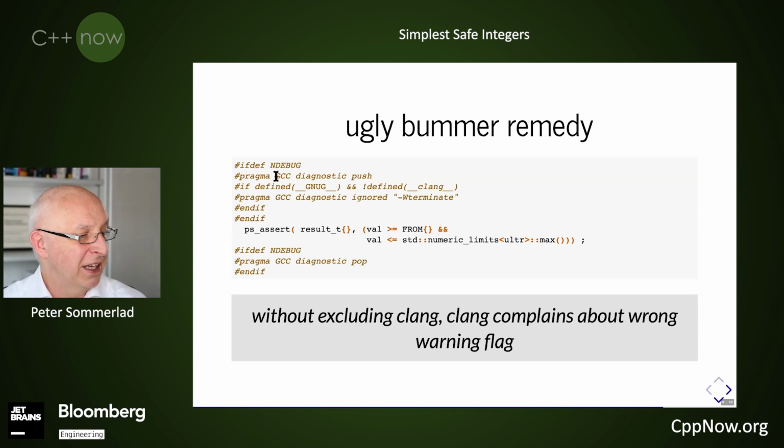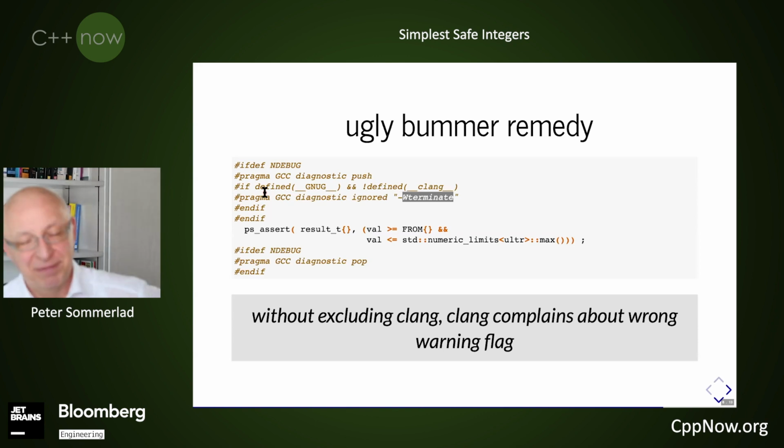The corresponding thing to disable a warning for a small piece of code in specific cases is the pragma GCC diagnostic push and the pragma GCC diagnostic pop, so you get into the same warning state afterwards. And then you would say pragma GCC diagnostic ignored, and the warning that we just had, W terminate. The problem is Clang doesn't have that warning flag, so it warns on that pragma line.